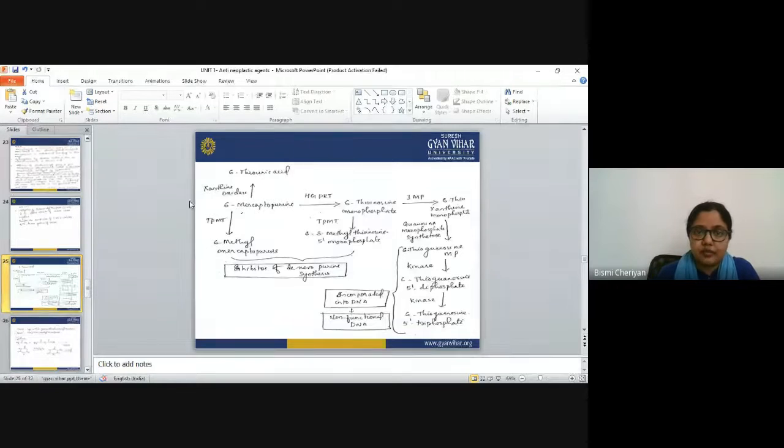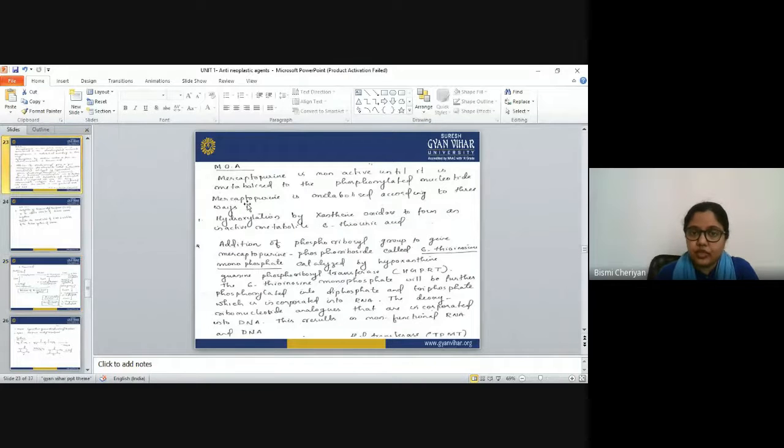I have written the same thing here. Look at this, the three ways of metabolism of this mercaptopurine. The first one is hydroxylation by xanthine oxidase to form an inactive metabolite, 6-thiouric acid, which is not beneficial.